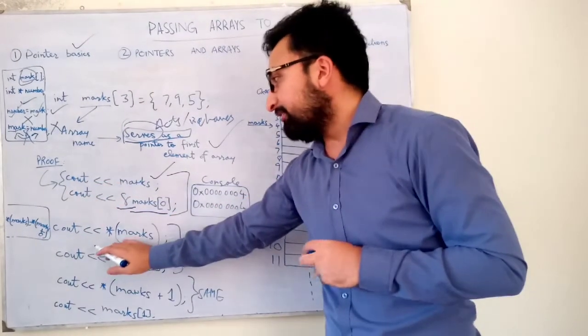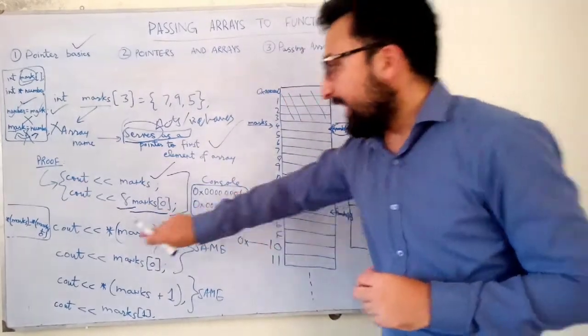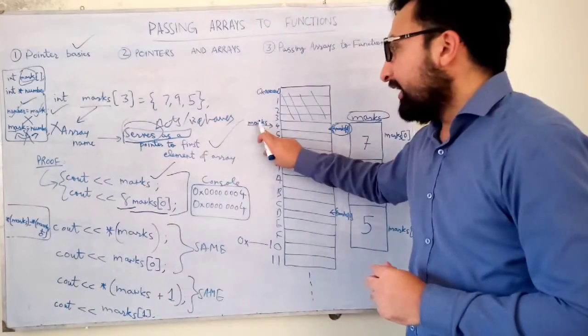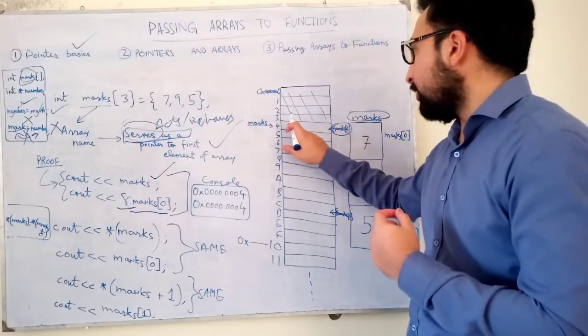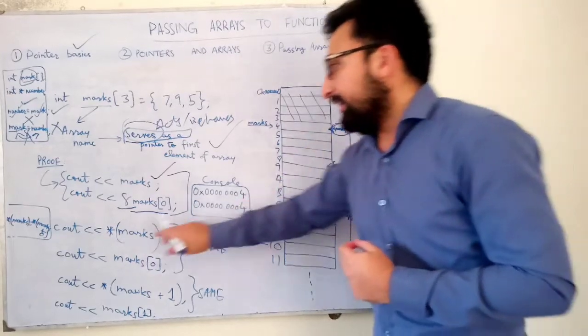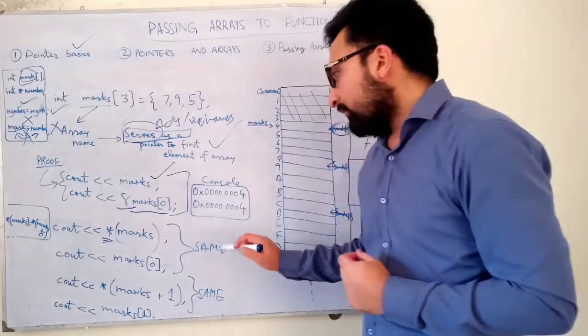Now if we want to dereference something from the array name, we know that the array name is basically serving as a pointer to the first element of the array. So if we write a dereference operator with that, what will happen on the console?